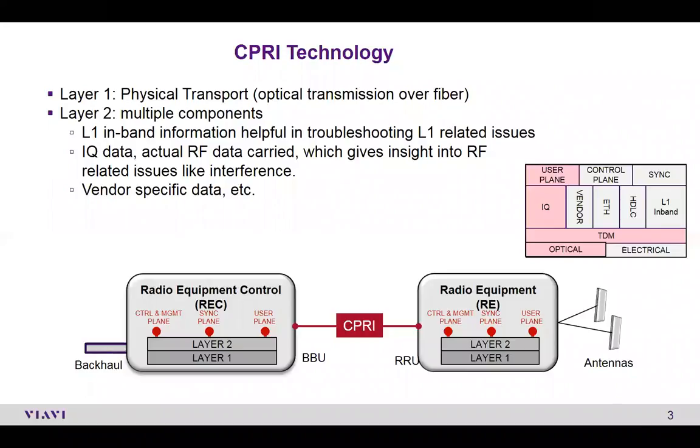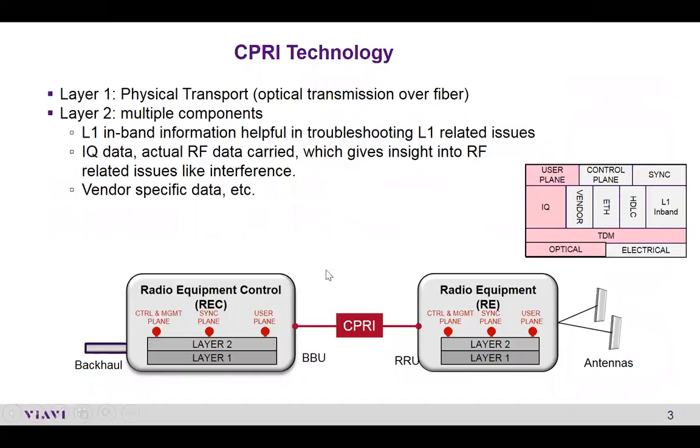But now with the CRAN deployments we have started to see, CPRI and the fronthaul are becoming much more visible and exposed to the network. CPRI is basically a radio transport protocol. It's very much TDM-like and typically goes over optical. It can also go over electrical.